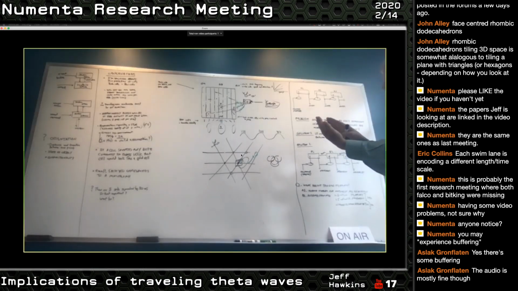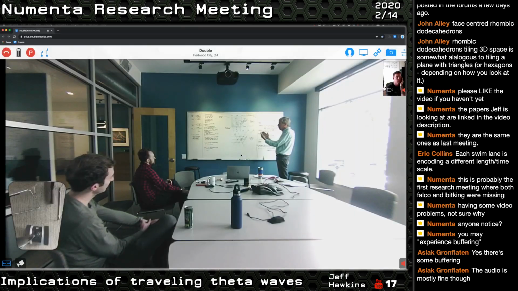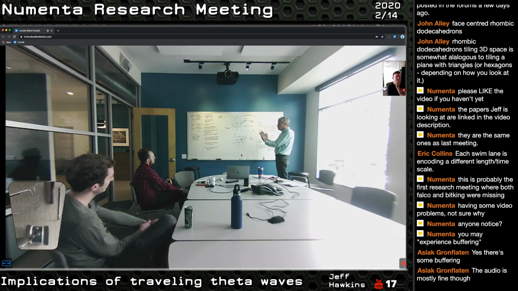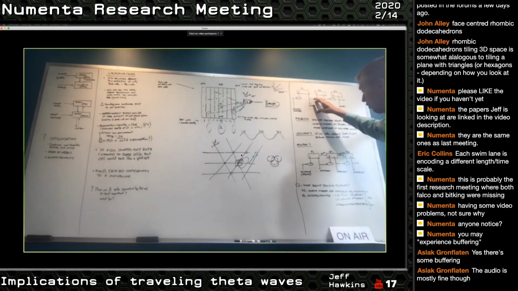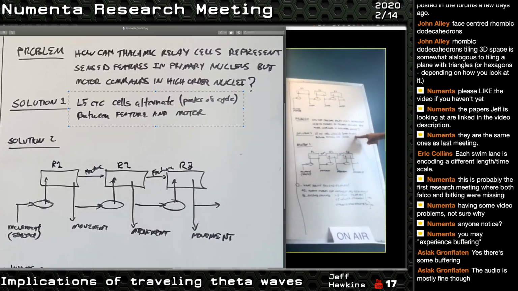The idea is that when you form a representational location and then the next location, there's a transition: I'm going from a location in space 1 to another location in space 1, then it flips to being a location in space 2. So you'd have two different representations, one more of an object representation, one more of a motor representation. That was our proposed solution. They alternate phases of the cycle between feature and motor.